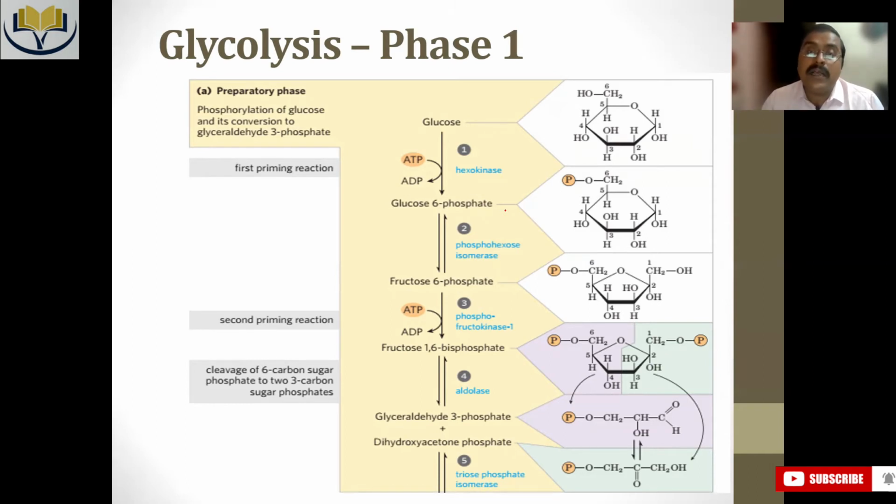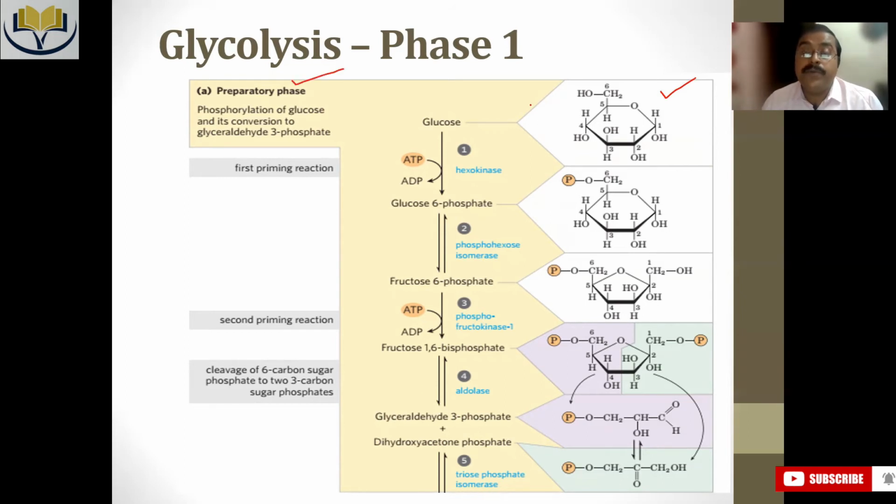Now, this is an important pathway for everyone, for every living organism. Glucose is the main source of energy. That is why it is very important to know how this glucose is being converted to the final form of energy. This pathway is divided into two parts. The first one is the preparatory step.